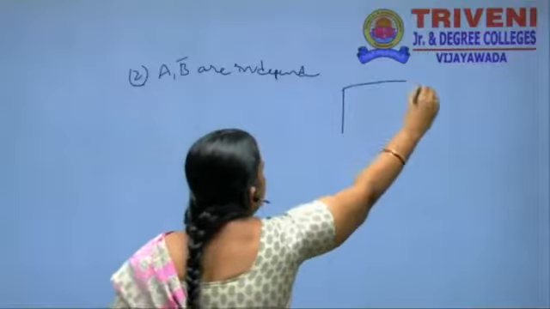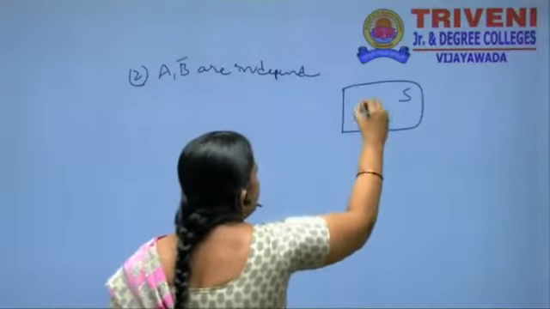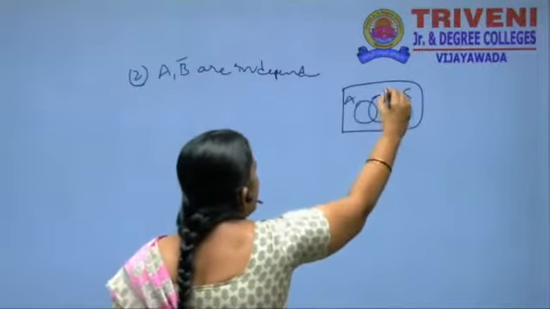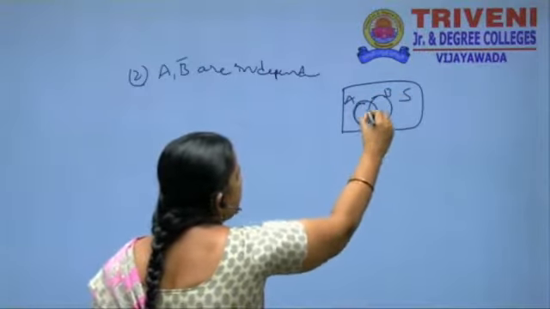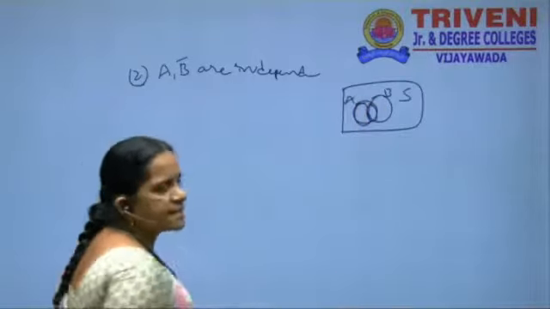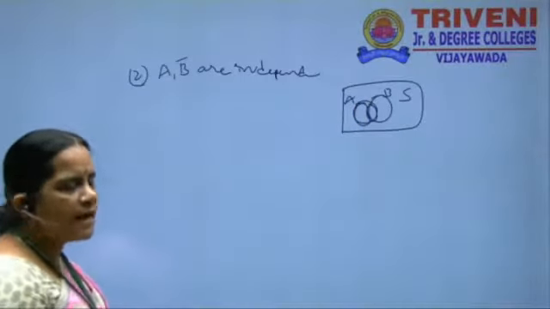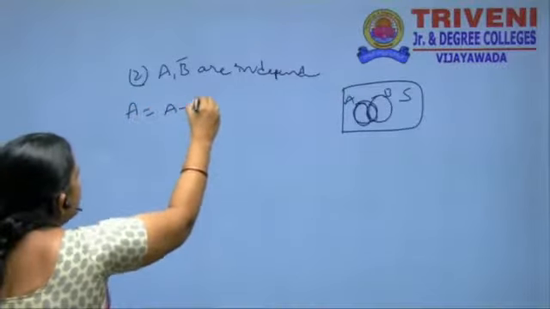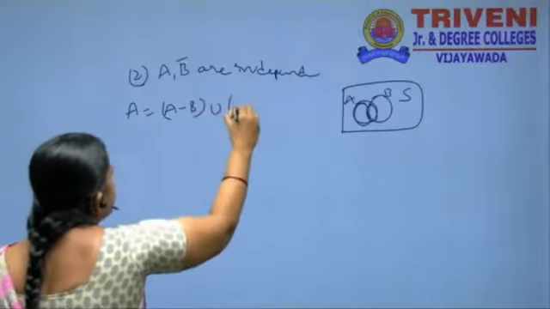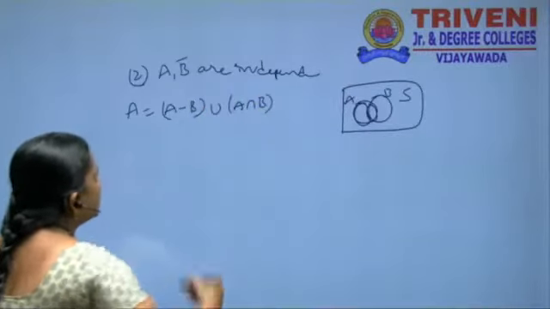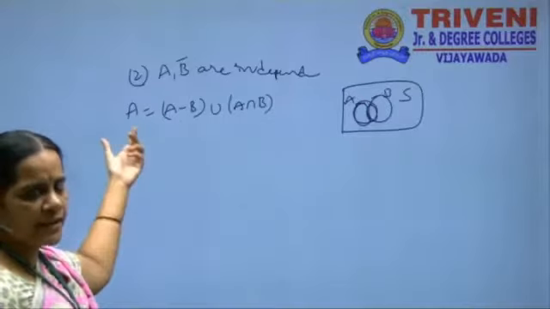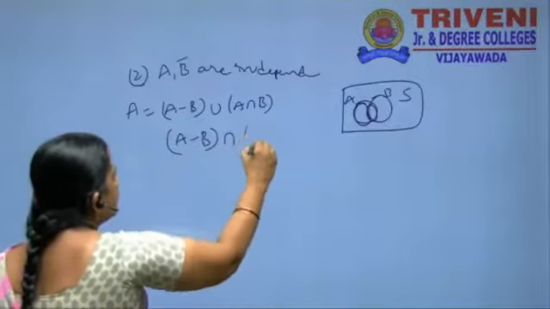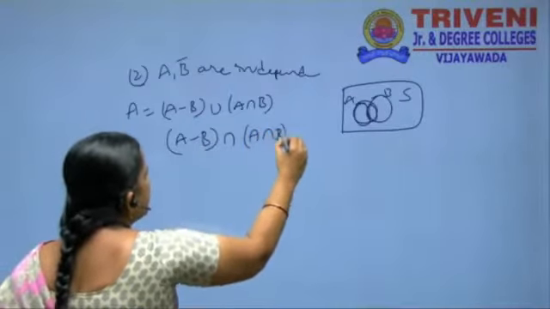From the diagram, we have to know that A and B are two events in a sample space. We have to write only A here. What is A here? A means A minus B and A intersection B. Then A can be written as A minus B union A intersection B. The union of these two parts is A, but the intersection of these is empty.